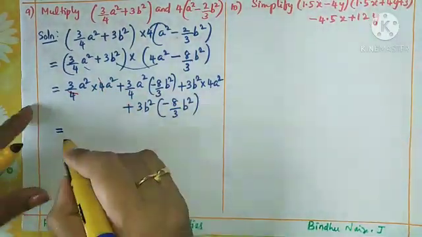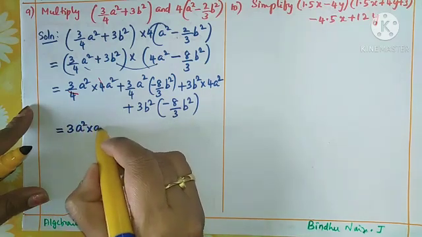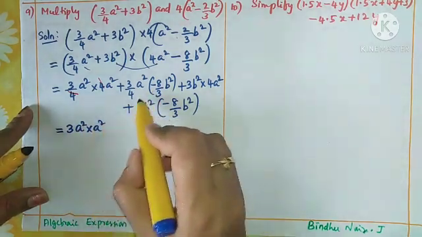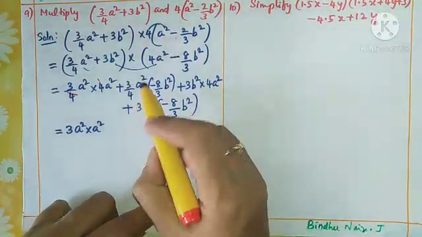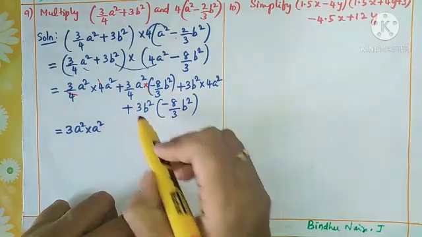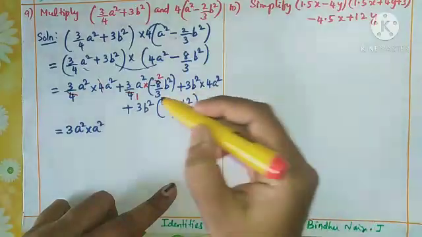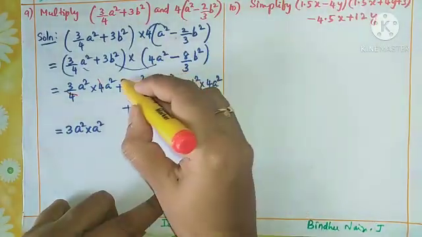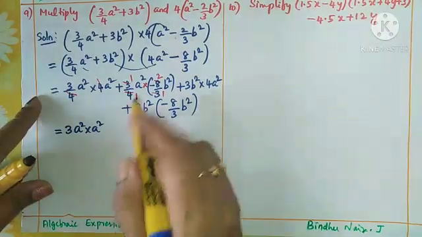Okay. So what happens? 3 A square into A square left. And here you see, here also multiplication, you can cancel this 4 and minus 8 because this is into. Okay. So 4, 1 4 is 4, 2 4s are 8. Here also this 1 3 is 3, 1 3 is 3, multiply, cancelled. So what is the remaining?